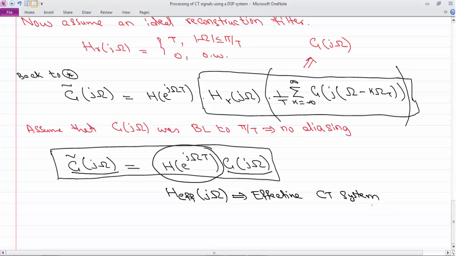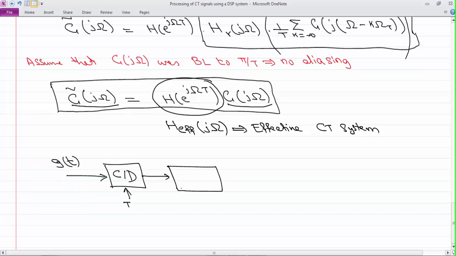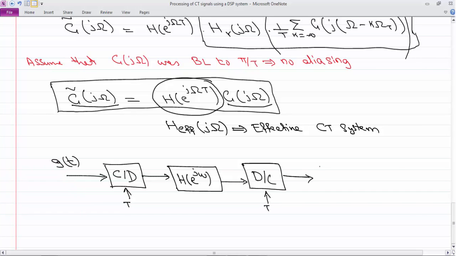Now, what is this saying? What this is saying is that, going back to that block diagram, if I start with an input signal, I pass it through a continuous to discrete converter with time period T, then I filter it with some discrete time system, and then I do reconstruction with the same time period T to get g tilde of t.